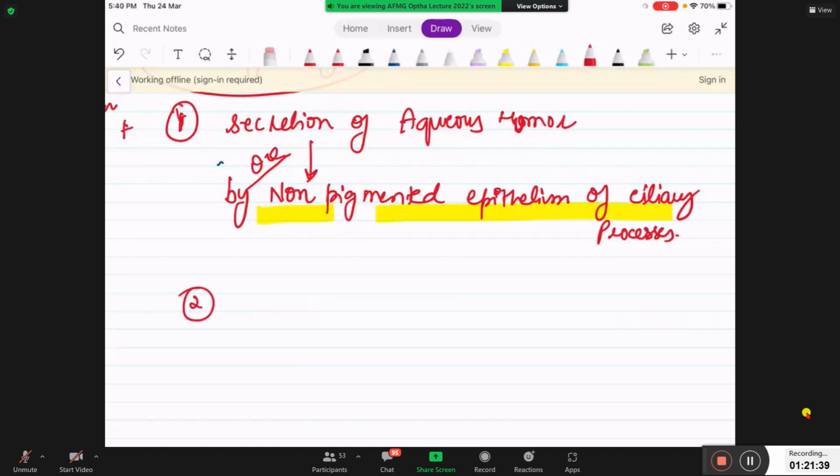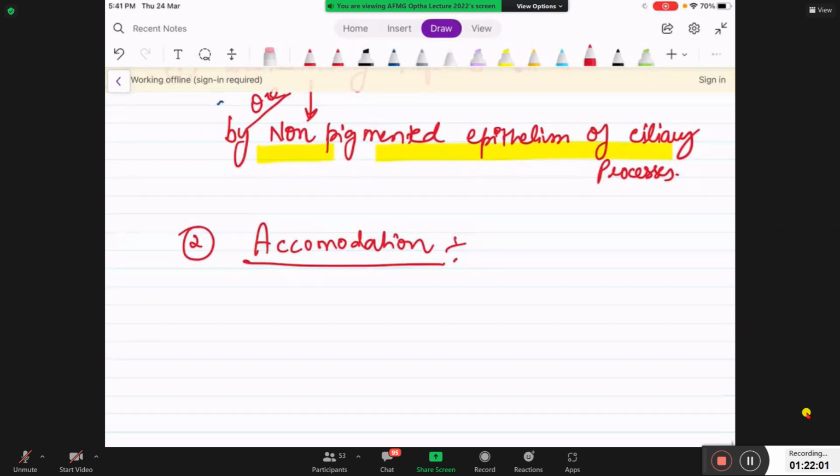Second function, write down. The first important function of the ciliary body is secretion of aqueous humor. After that, the second important function is accommodation. The ciliary body plays an important role in accommodation of the eyes. Now, what is accommodation?